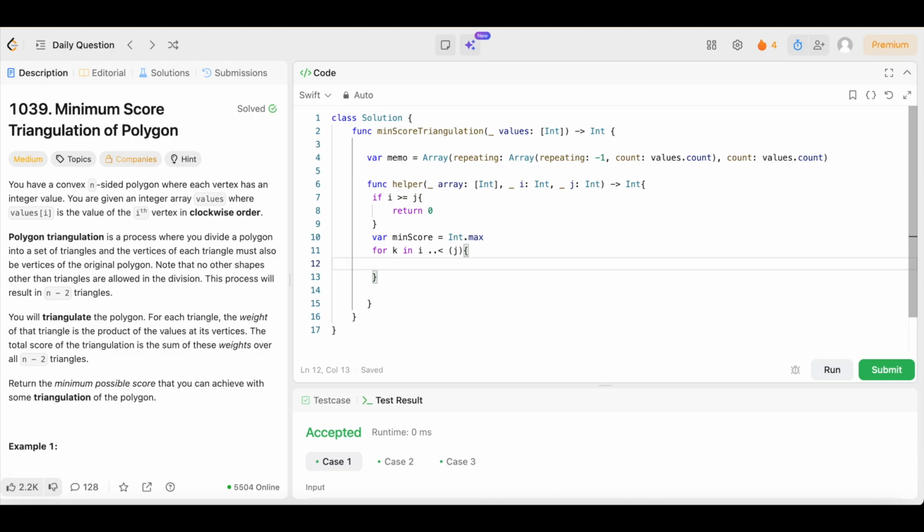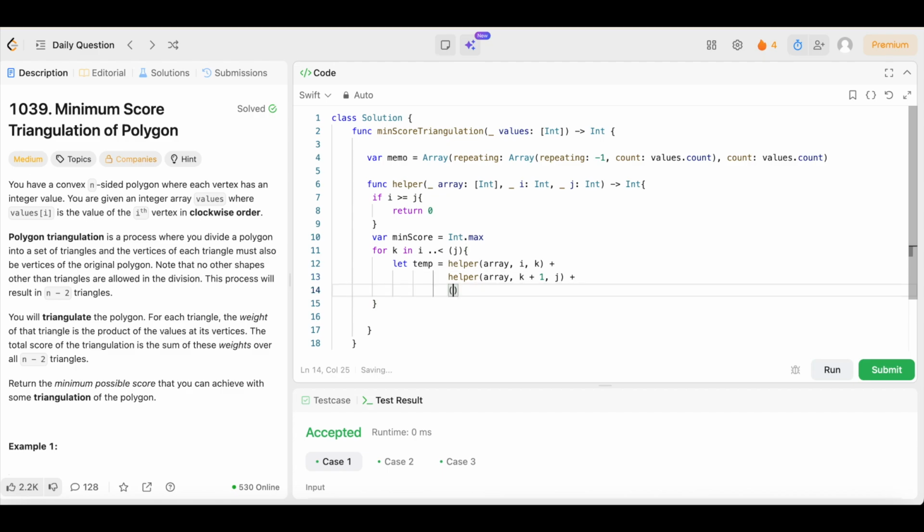So we're going to say let temp equal helper, open up the parentheses, array, comma I, comma K. Come outside of those parentheses, we'll say plus. We come underneath that just to make it a little cleaner. We'll say helper, open up the parentheses, array, comma K plus 1, comma J. Come right here, we're going to say plus.